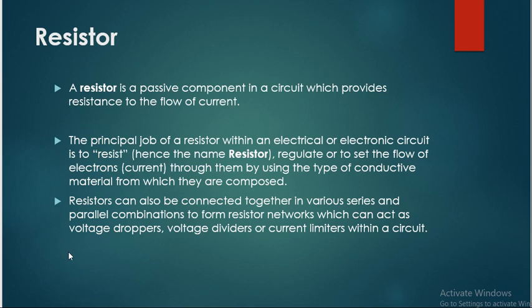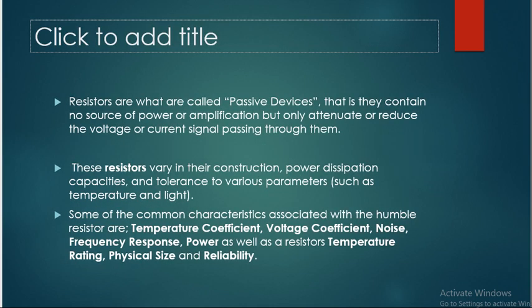Resistors can also be connected together in various series and parallel combinations to form resistor networks, which can act as voltage droppers, voltage dividers, or current limiters within a circuit. I hope many of you have seen some of these things in our household devices too, to control these things. Resistors are what are called passive devices.